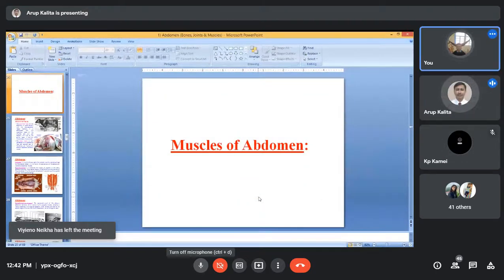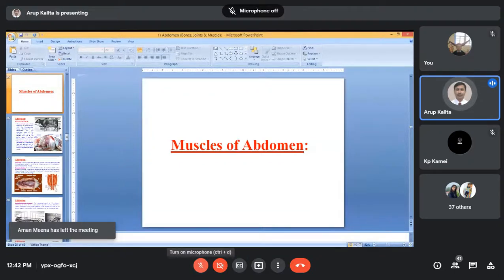The muscles of the abdomen are very important because we have to perform operations in your field. When you are appointed as a veterinary doctor, most of the operations you have to perform in the field are in the abdomen. So you have to know the muscles of the abdomen very well so that you can do the operation.